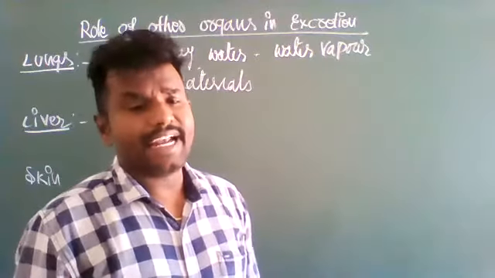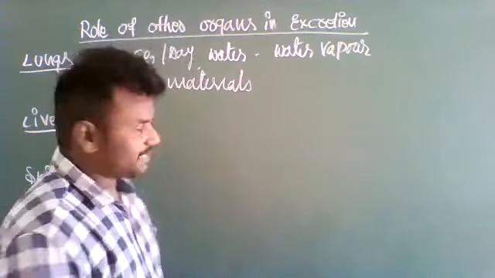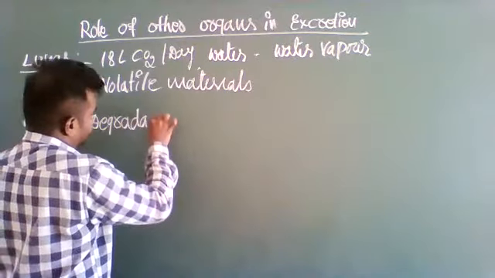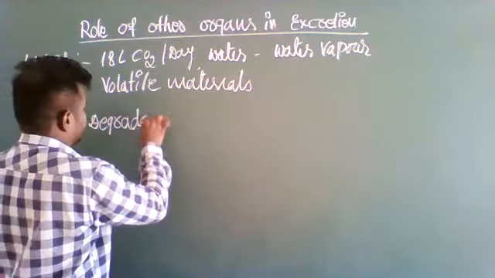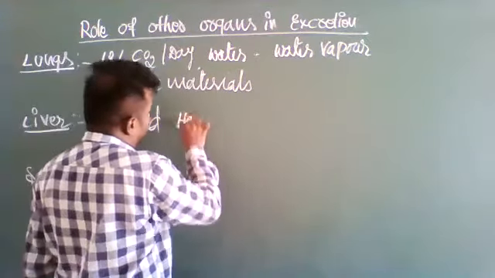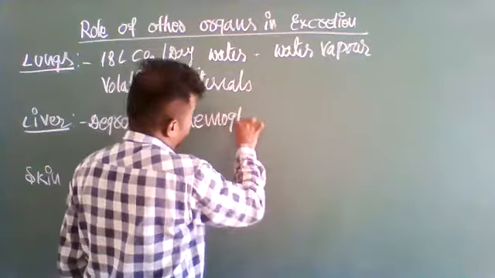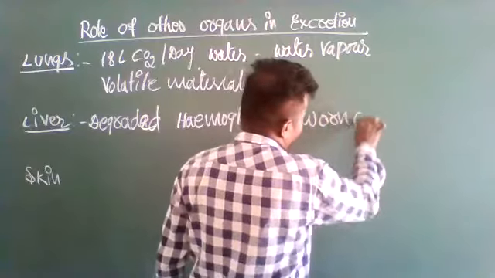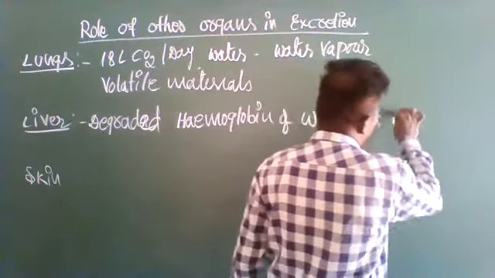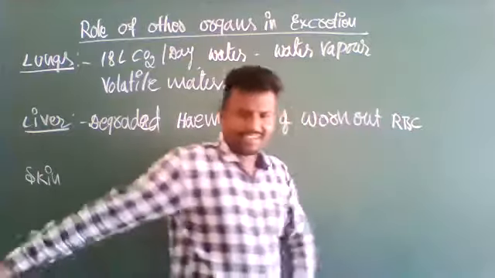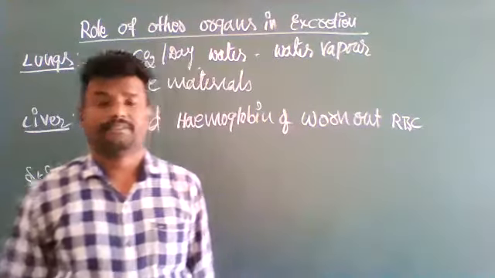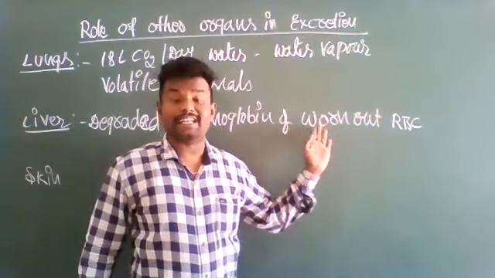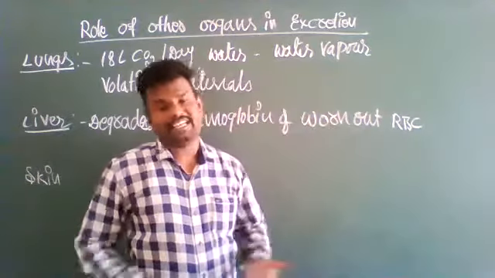hemoglobin of worn out red blood cells. As you know, worn out, expired, old red blood cells are destroyed in the liver.